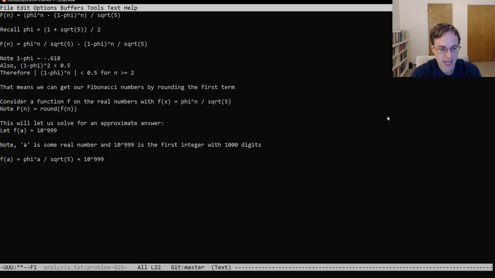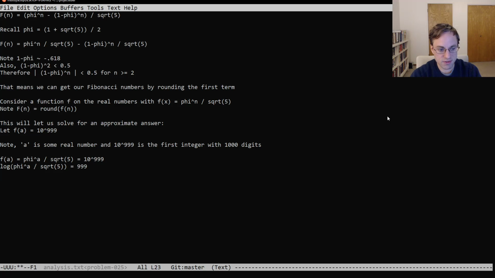Then taking the log base 10 of both sides, we get log of (phi to the a over square root of 5) is equal to 999. You'll notice that taking log base 10 of this value just removes the base there, and we get the exponent 999.